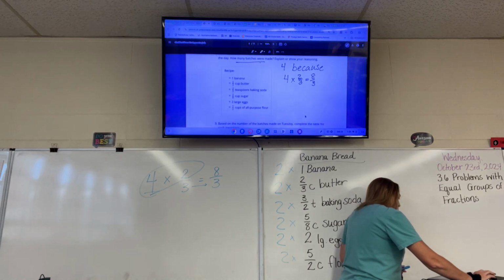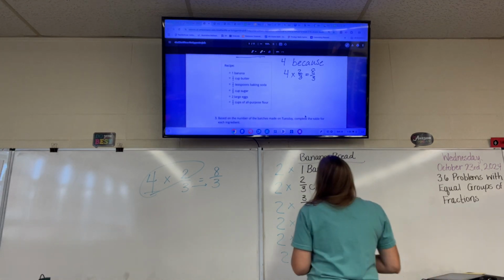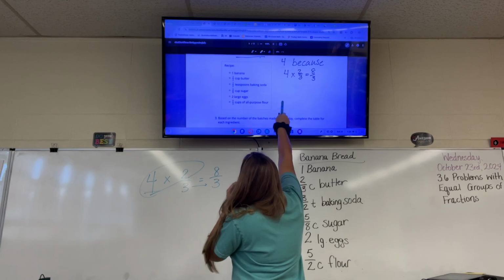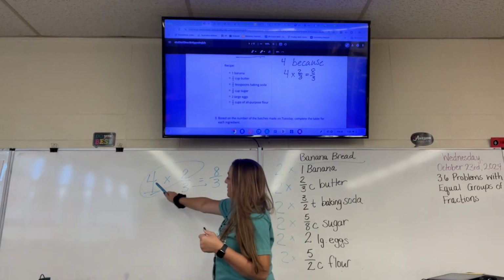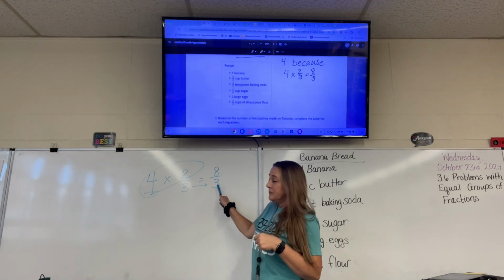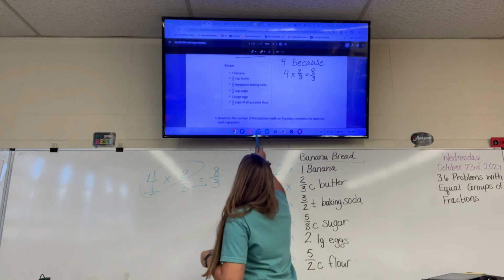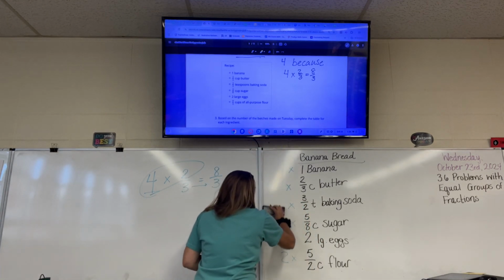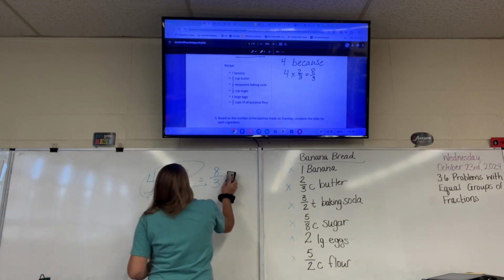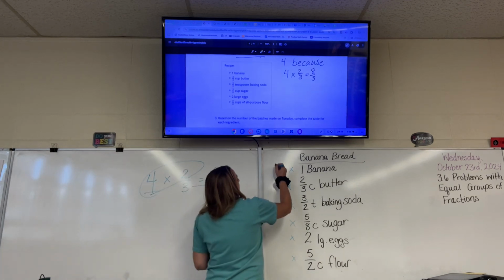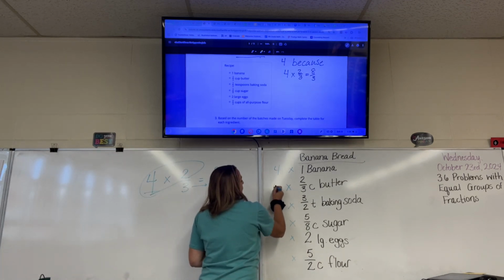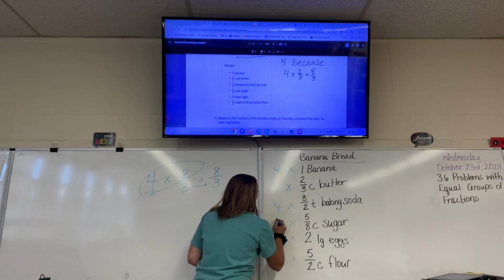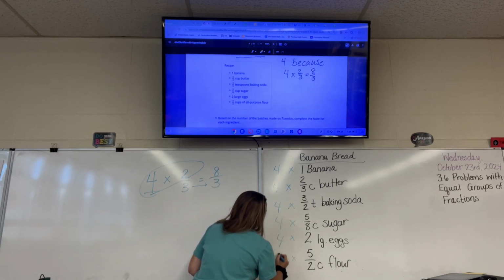All right. Based on the number of batches made on Tuesday, so this happened on Tuesday, to use up all that butter, they had to make 4 batches. Now we've got to change all of these to match what we had to use for the butter. So 4, 4, 4, 4, 4, 4.